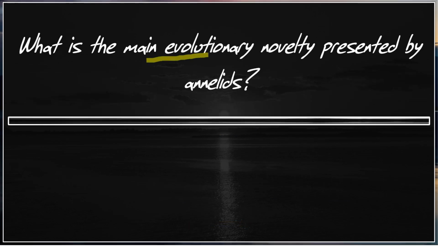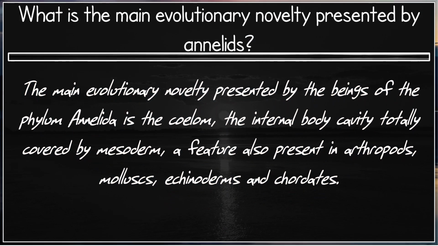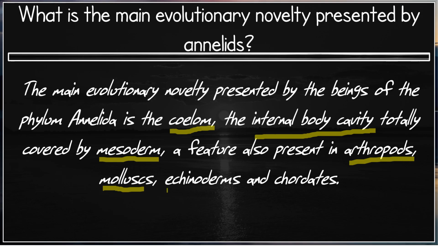What is the main evolutionary novelty presented by annelids? The main evolutionary novelty presented by beings of phylum Annelida is the coelom, the internal body cavity totally covered by the mesoderm, a feature also present in arthropods, mollusks, echinoderms, and chordates.